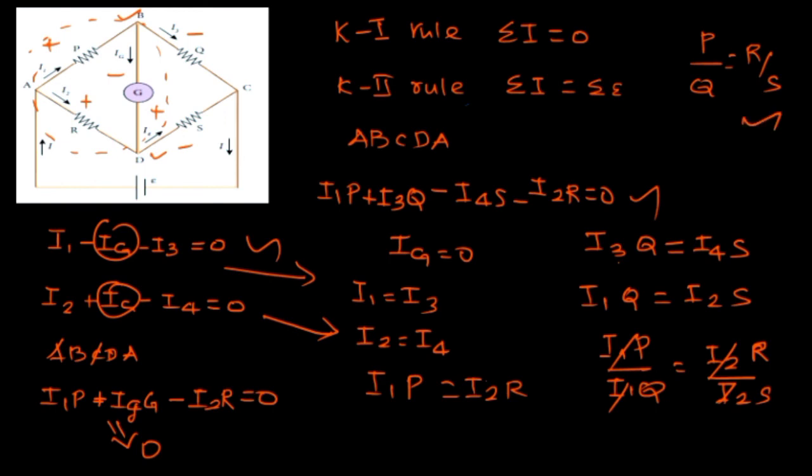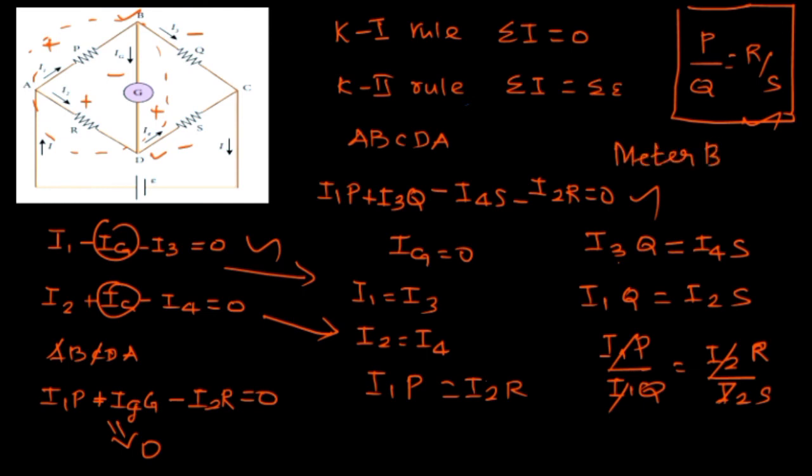When this condition is satisfied, automatically the junctions B and D will be maintained at the same potential. Therefore, the current flowing through the galvanometer will be equal to 0. And this condition is called the balancing condition for the Wheatstone bridge. Based on this theory, we have the meter bridge.